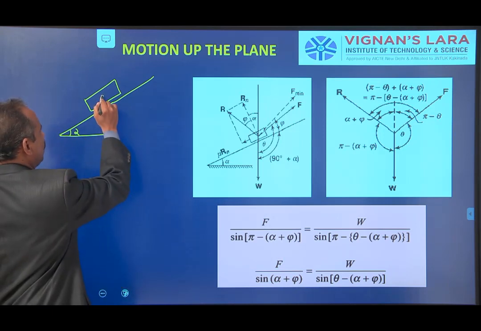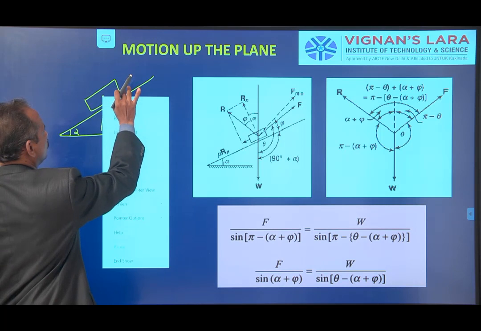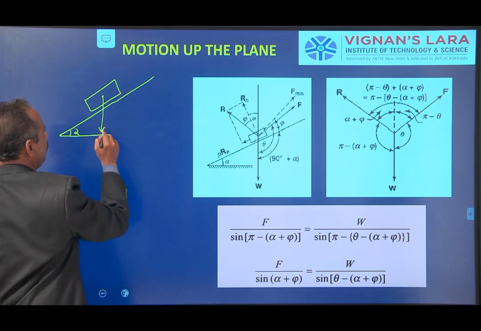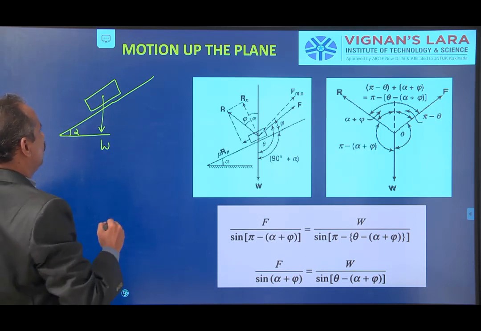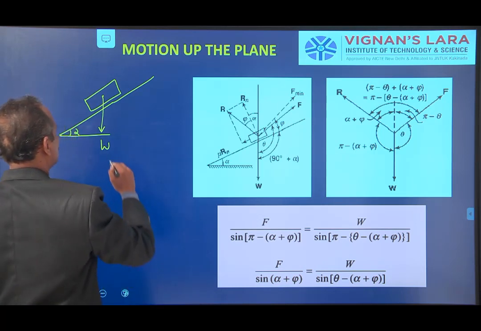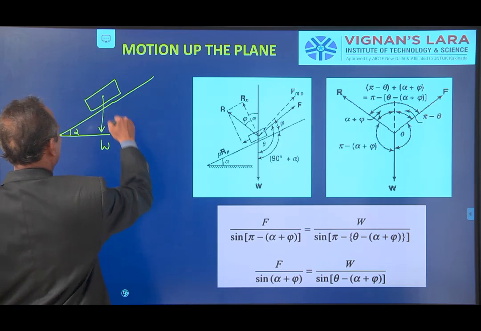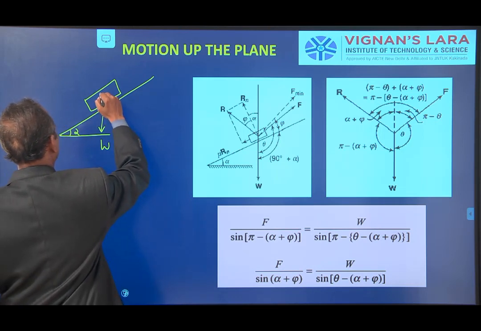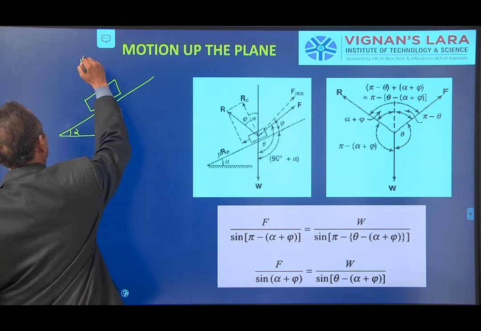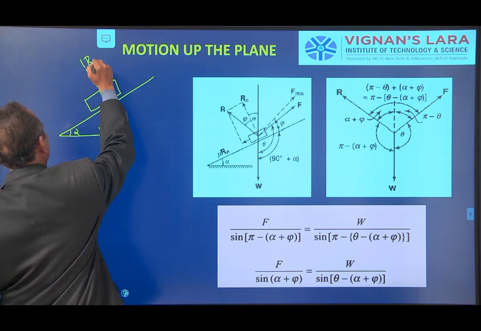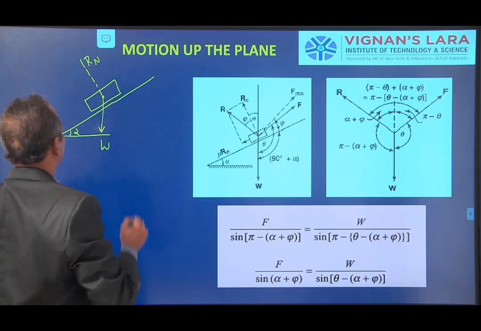Self weight always acts vertically down, which is W. Then the normal force, which is perpendicular to this plane, is Rn.